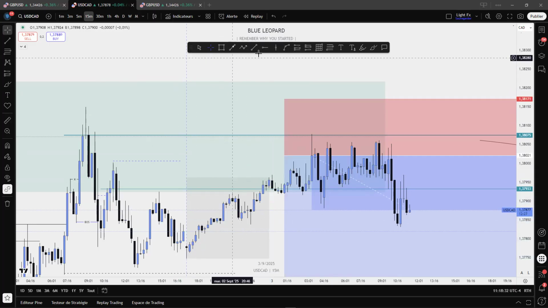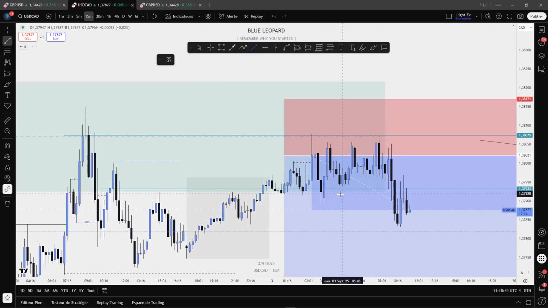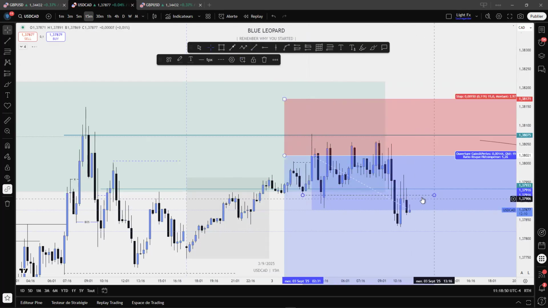Let me close this and take this here. You see this last move, the one that took out this high and went straight to the point here. As soon as a candle closed below it, we have something, and this is what we're trying to have now.